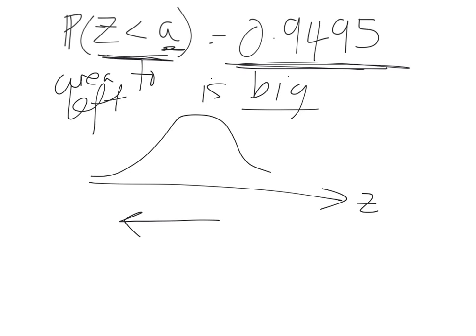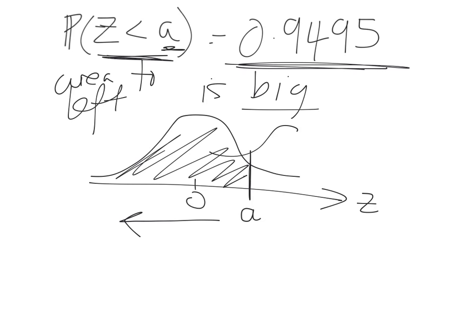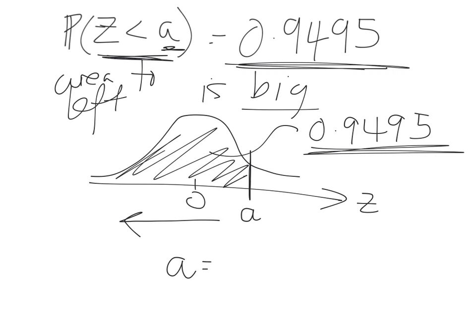Okay, so we draw a curve. This is 0. Because the area to left is big, we know that a is somewhere here, and this area is 0.9495. So now again we just look in our tables, but we're using them in reverse, so we're trying to find this in the second column, and that tells us that a equals 1.64.